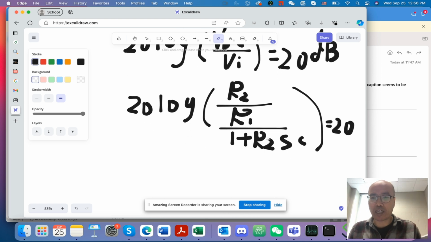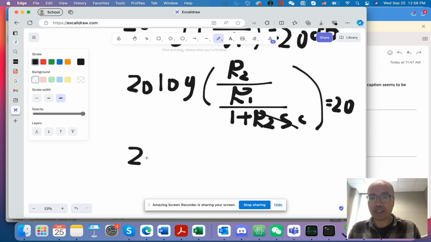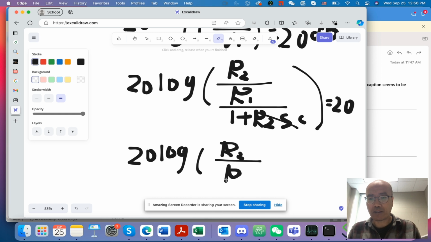This one should be 0, because at DC, f equals 0. That means 20 log R2 over R1 is 20, all right?